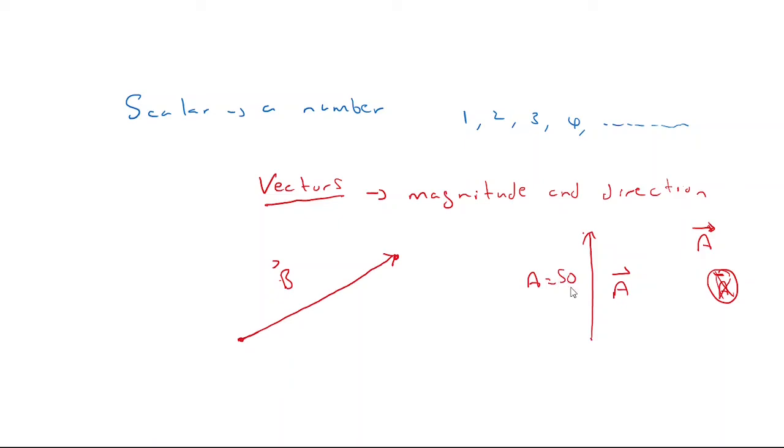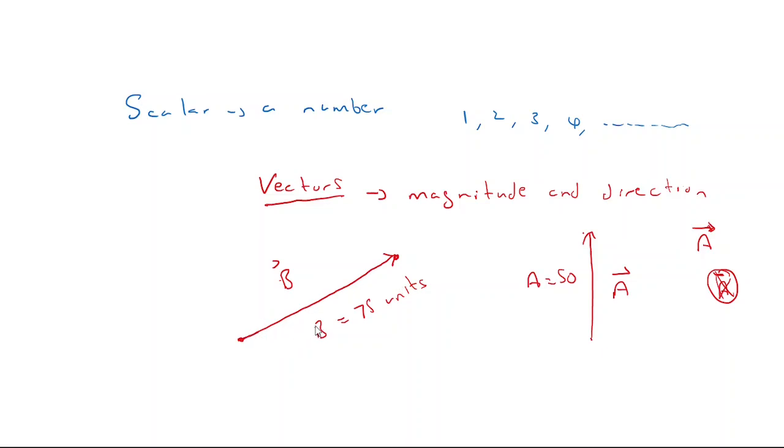So I'm telling you how big that vector is. For instance, I could say 75 units, so this vector is 75 meters long. That's the size of that vector.